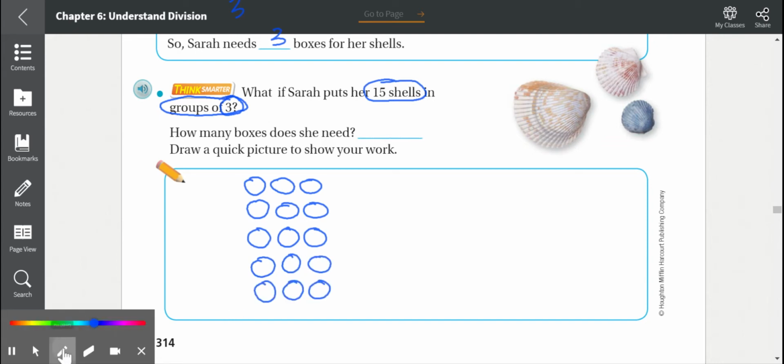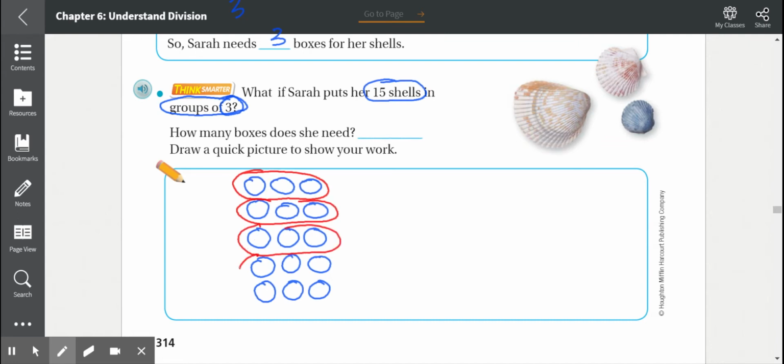So now we're going to group or circle groups of 3. Here's a group of 3 and another and another, and another, and another. So how many boxes would she need for these shells? 1, 2, 3, 4, 5.